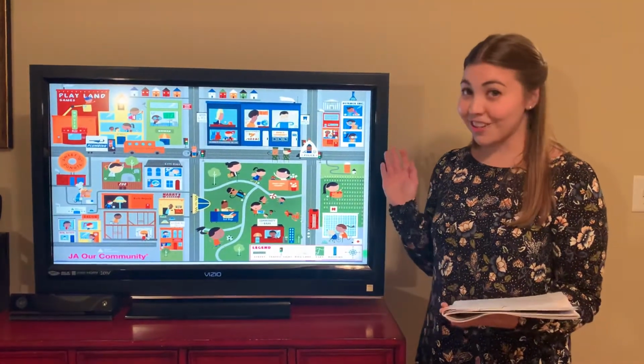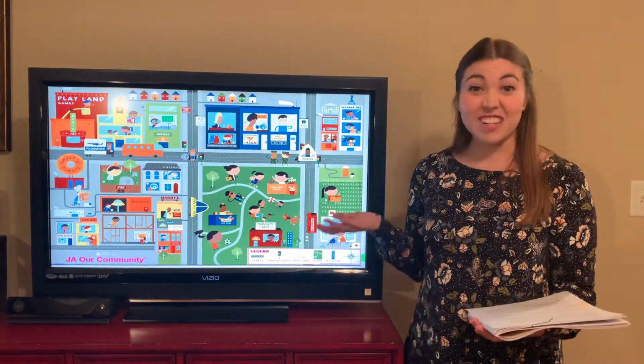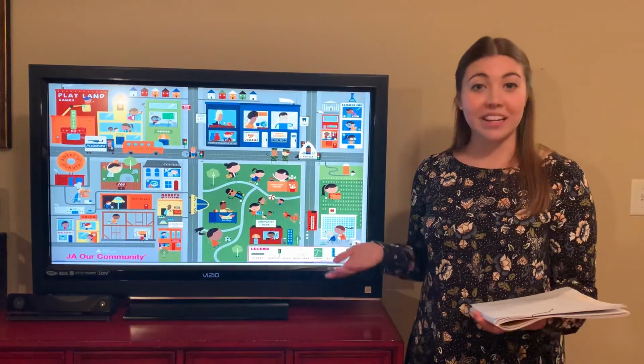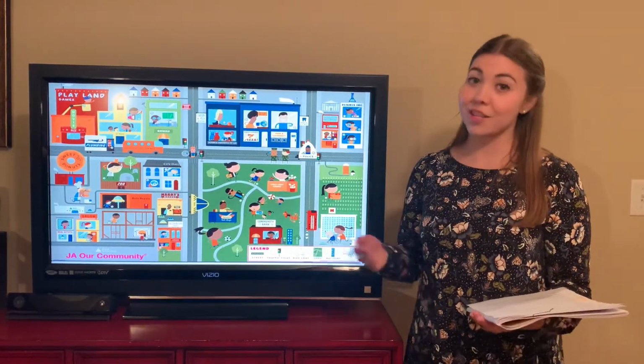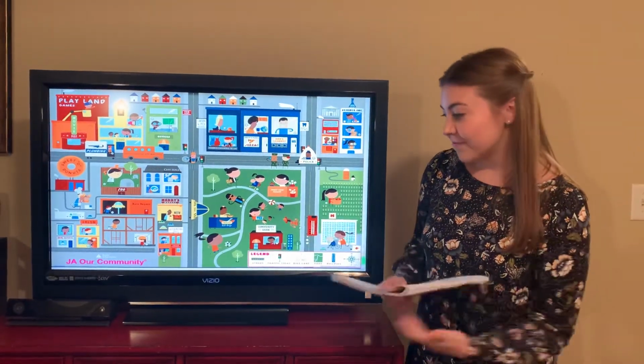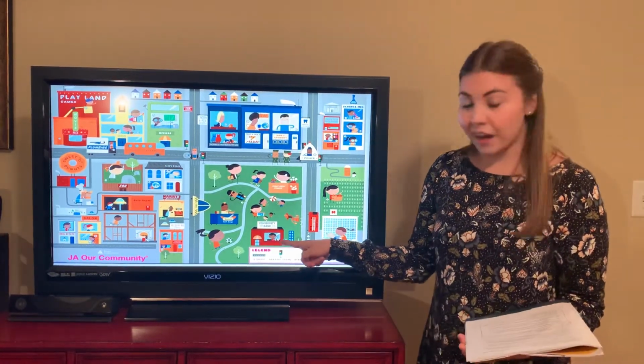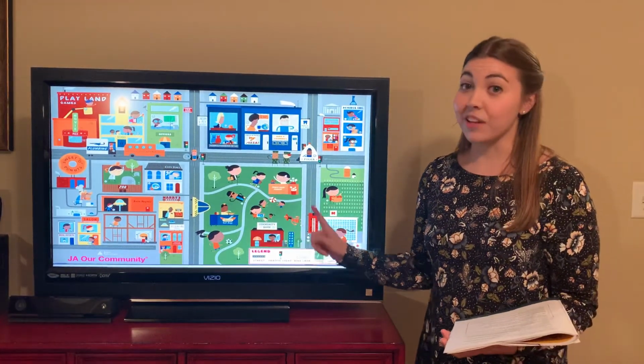All right, so let's look at our community map again. And we're going to talk about how money circulates or moves through our community. So let's take a look down here at our bank. And this guy right here in the bank, his name is Frank.